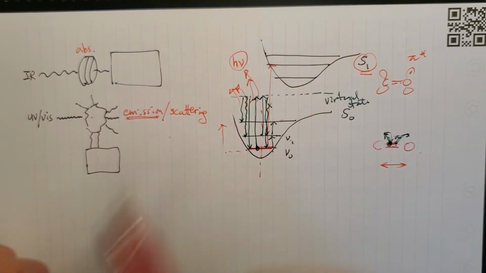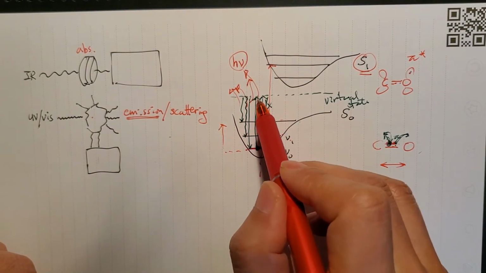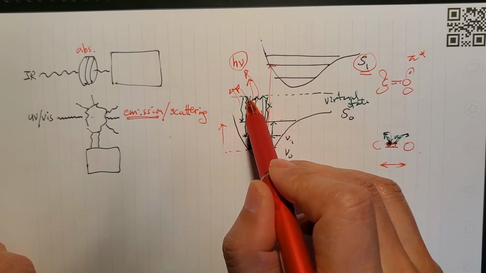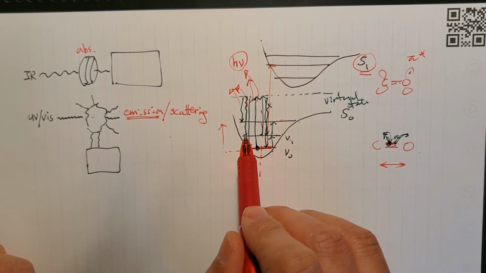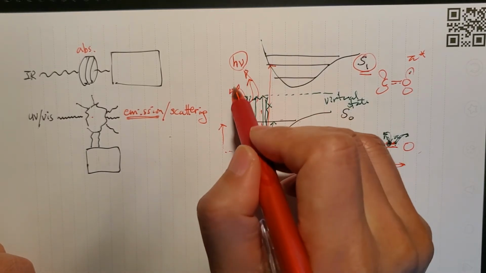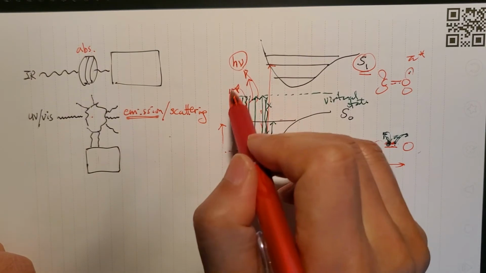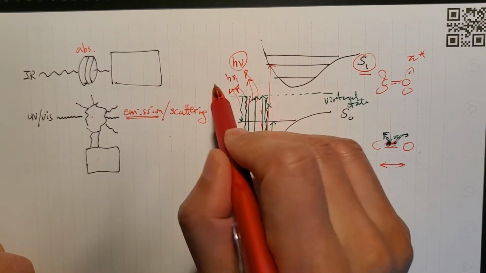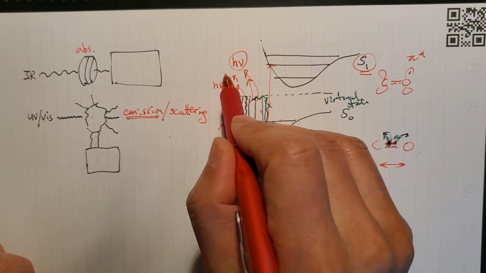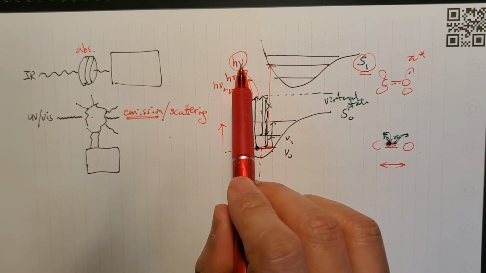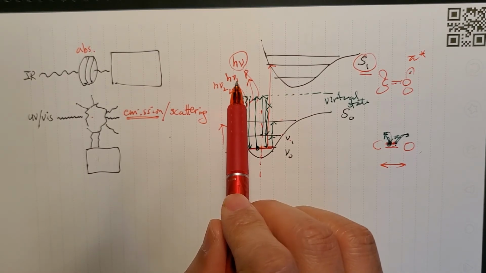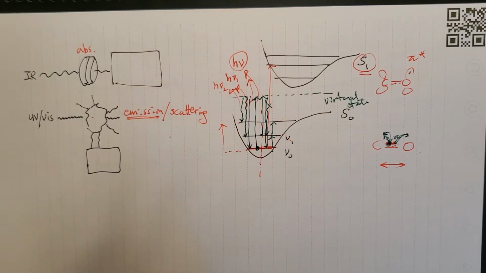That can happen. Or it can happen that the electron in the virtual state goes down to the higher vibronic state, and even a higher energy state. Let's label them h nu 1, h nu 2, and so on; frequency wise, the most frequent wave, then a little less, and somewhat more less, so less energy came out.